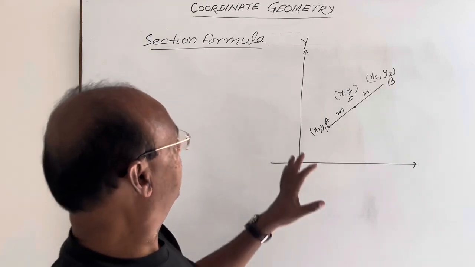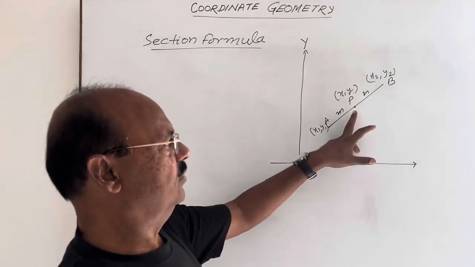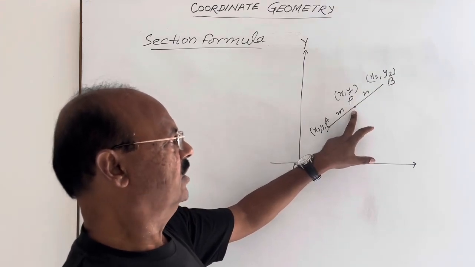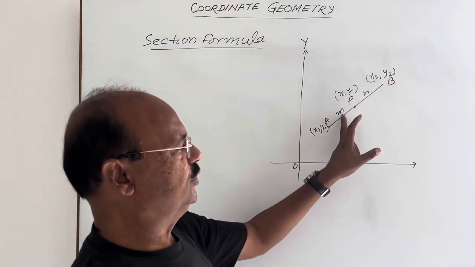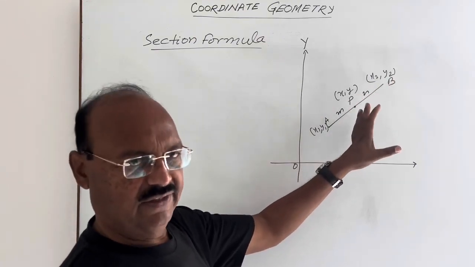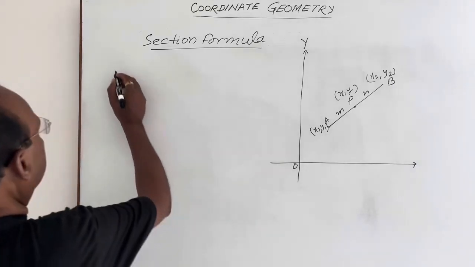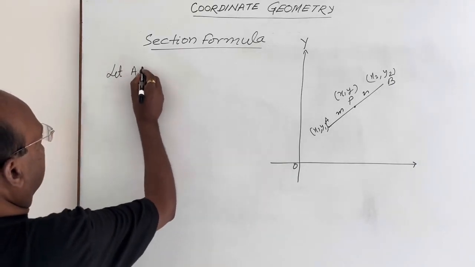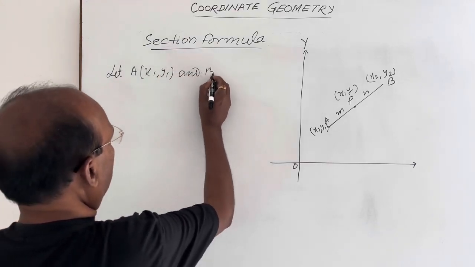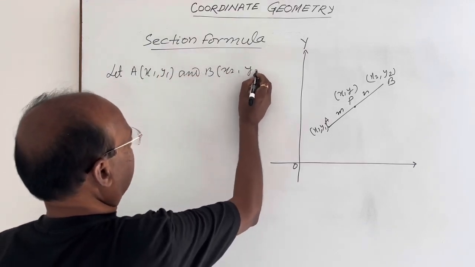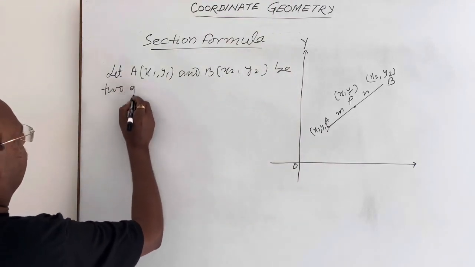So here with the help of this section formula we can find out coordinates of this point P in terms of x1, y1, x2, y2 and the ratio m:n. So let us describe it. Let A x1, y1 and B x2, y2 be two given points.